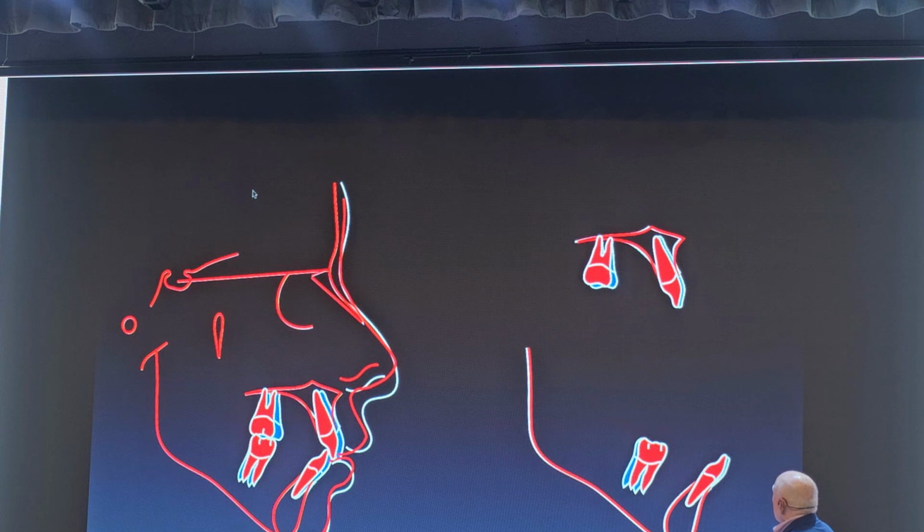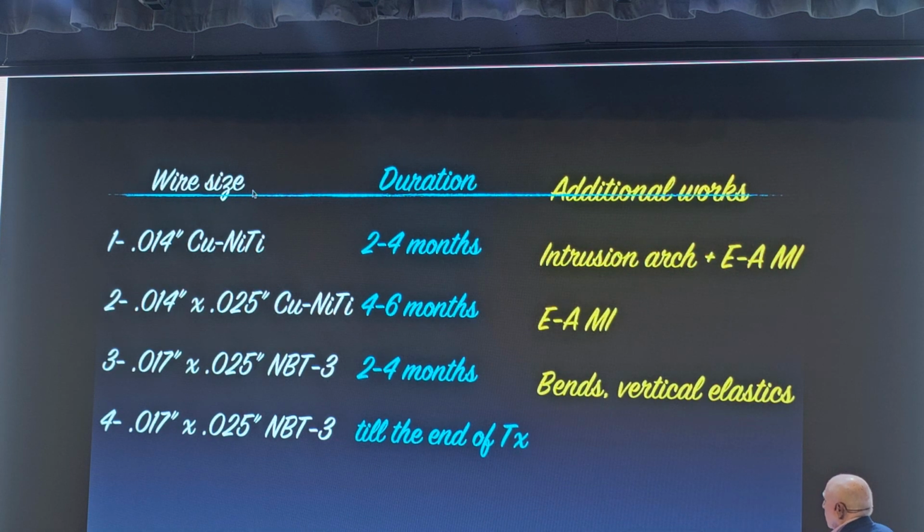So you can see the tipping, not good because you have to upright the root apices in this patient a little bit more. So the sequence which I teach, usually 014 copper nitride, 14 by 25, 4 to 6 months, 1725 in this patient, 2 to 3.